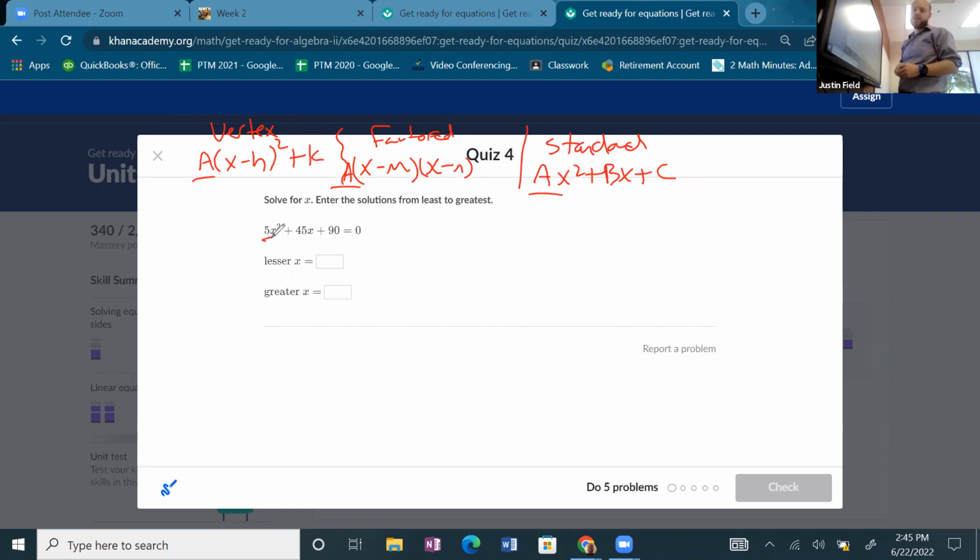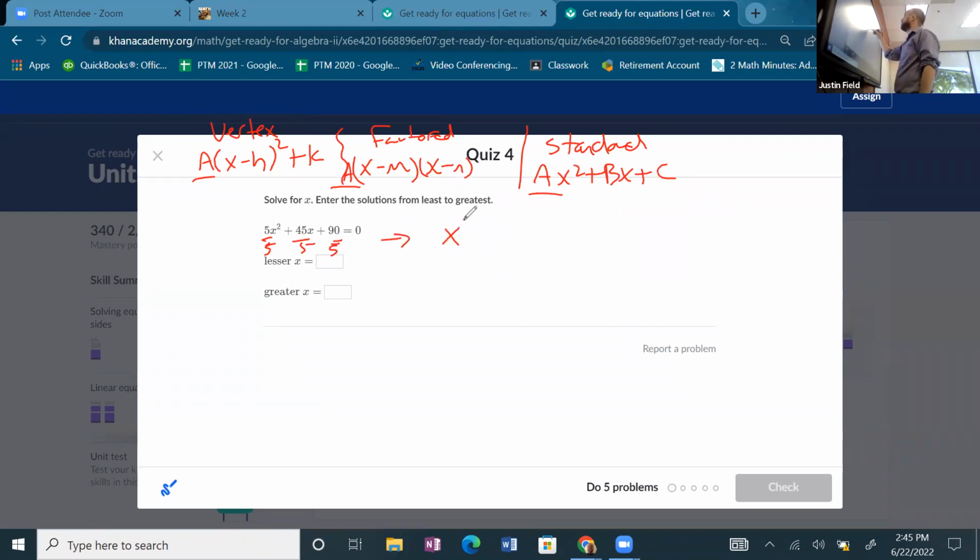Also notice the a is in all of them. Whenever the a is not equal to 1, then things get more tricky. But you also want to look for the GCF every time. So I see this in the standard form, and I also see there's a GCF of 5. So I'm going to divide everything by 5.